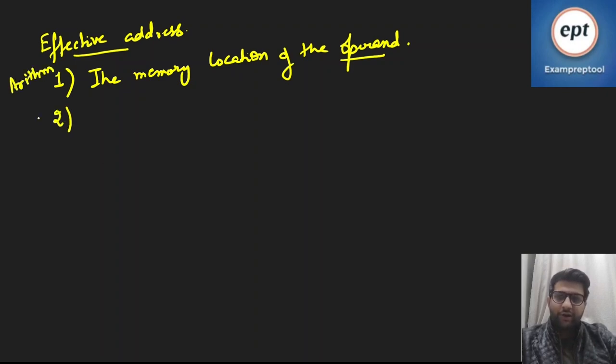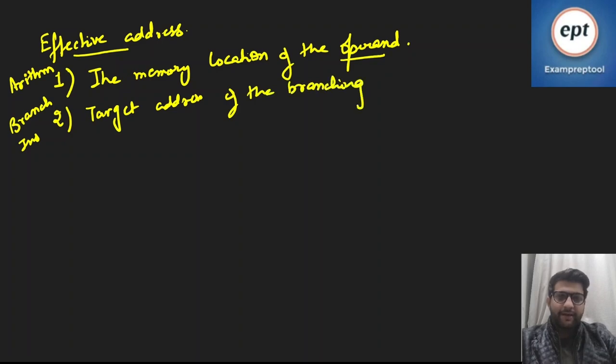And if it is a branch instruction, then the target address of the branch is the effective address. So there are different definitions for arithmetic instructions and branch instructions. You should remember this concept of effective address.